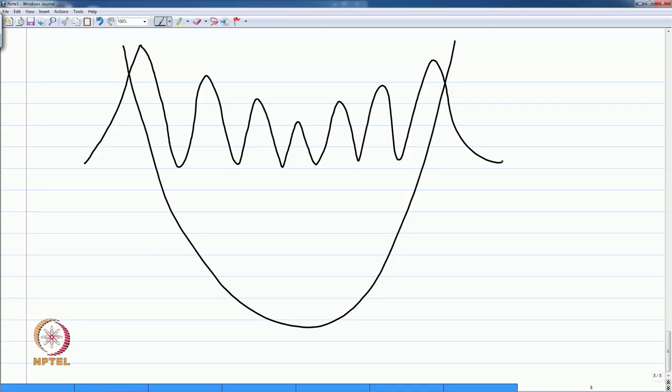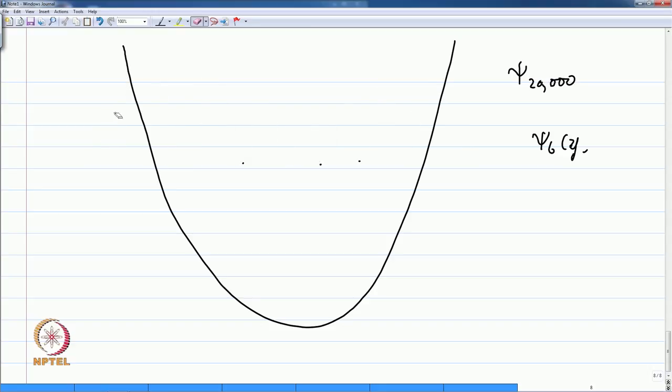And if you plot it for, this is for say 1, 2, 3, 4, 5, 6 nodes that you have. So, this is psi 6 of y. Okay. So, if you were to plot this for say psi 20,000, okay, which I cannot do here, but let me remove this graph and tell you what it looks like.